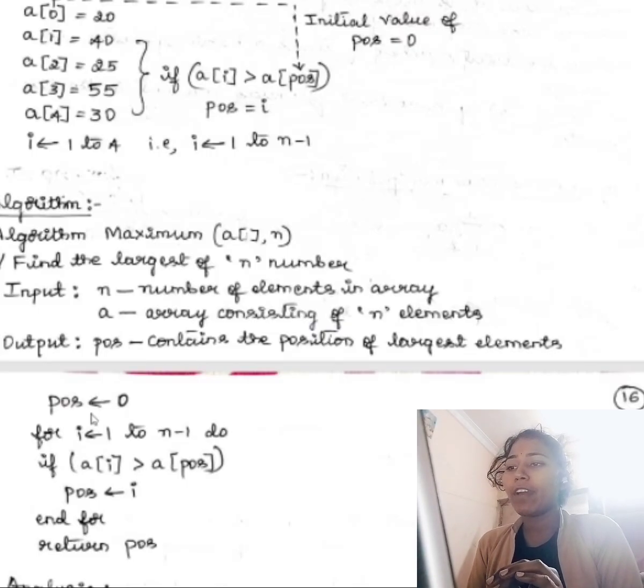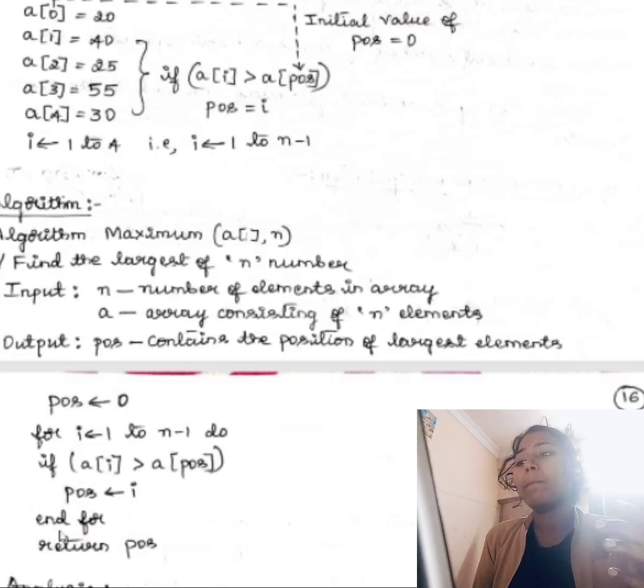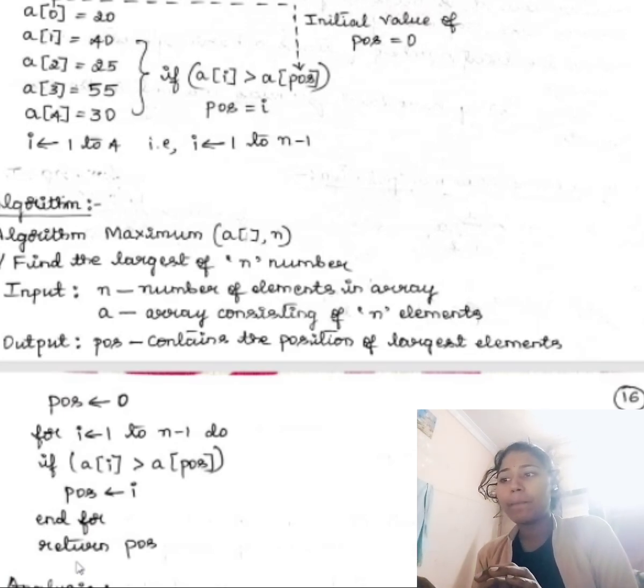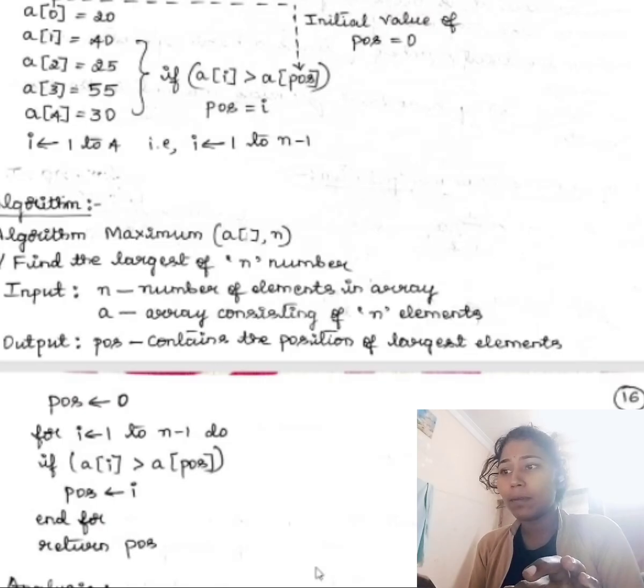If A of I is greater than A of position, that is, if the element is greater, then position equals I. Then end for, and return the position of the maximum element present in the array. Now we have to analyze the time efficiency for this algorithm.